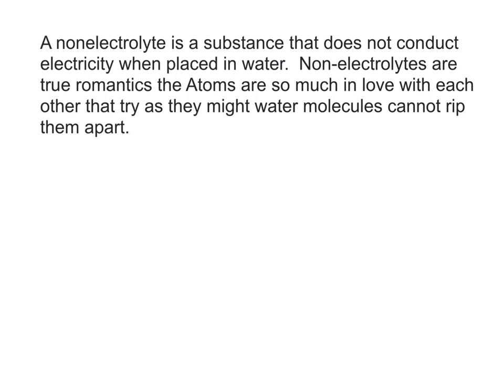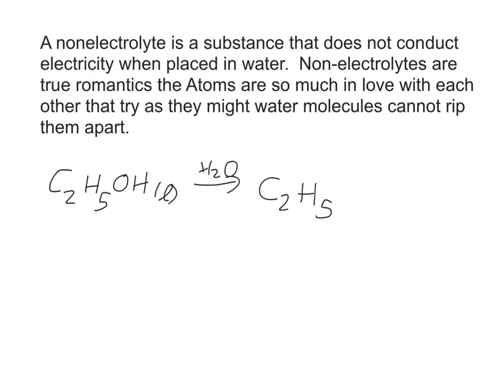The opposite of an electrolyte is a non-electrolyte. A non-electrolyte is a substance that does not conduct electricity when placed in water. For example, something that gets placed in water quite frequently, ethanol. You take liquid ethanol, you place it in water, and all you get is ethanol that's wet.